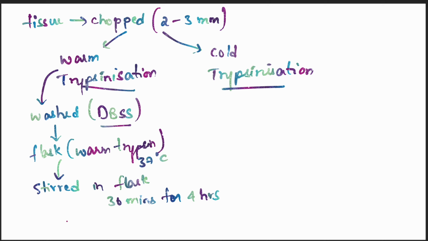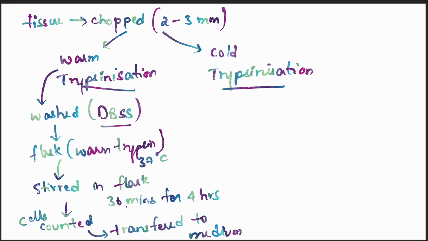Next, cells are counted and transferred to media for primary culture. So using trypsin, we are breaking the cells from the tissues. So this is the method of warm trypsinization.